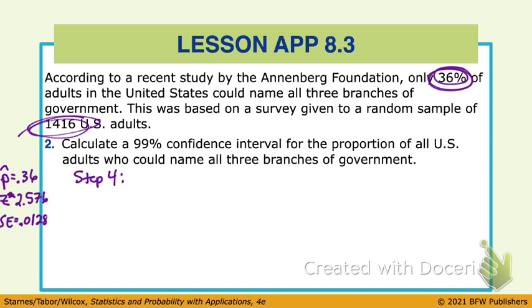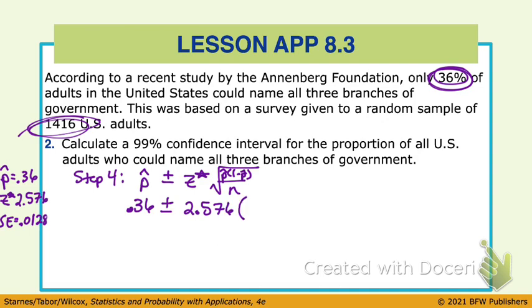We're going to actually construct the interval now. So we're going to take p hat plus or minus the z star critical value times that standard error that we just calculated. P hat is 0.36 plus or minus the z star critical value of 2.576 times the standard error that we already calculated of 0.0128. And now all we need to do is just multiply.